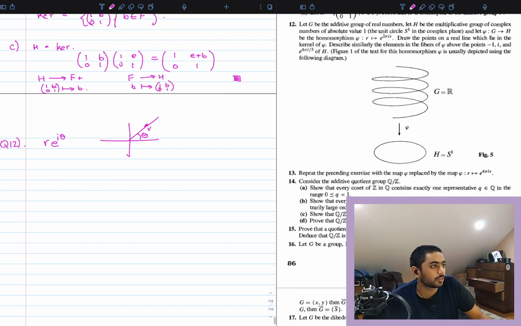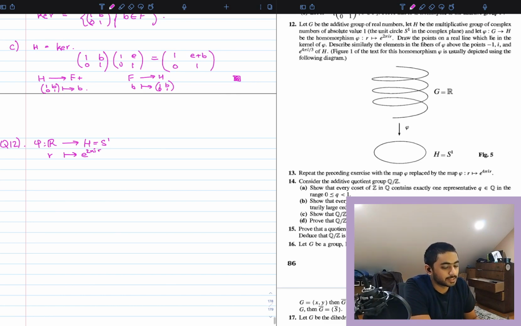And so we have the map that goes from the real numbers to H, the unit circle, that sends r to e to the 2 pi i r. Essentially it's sending the real number r. How do I explain this? I guess this picture is the nice way of doing it.